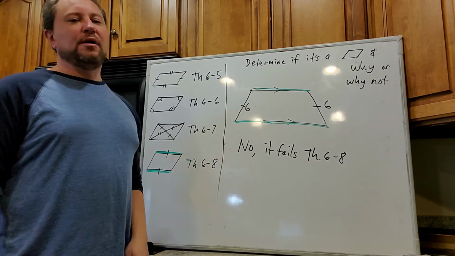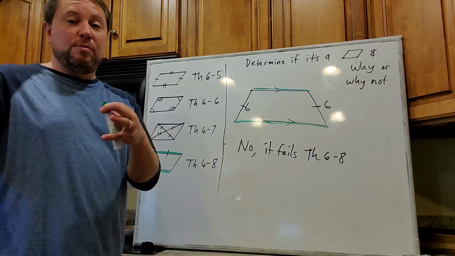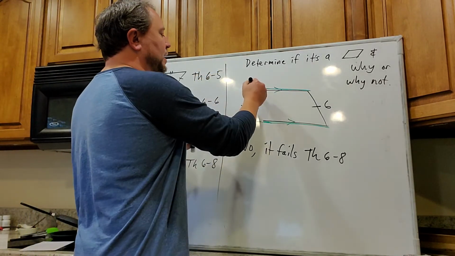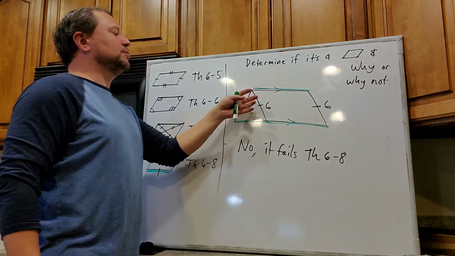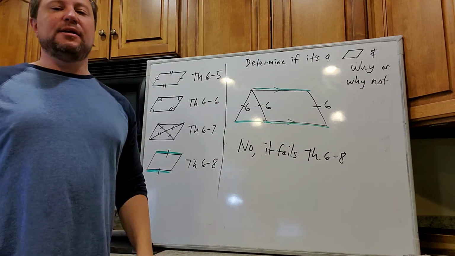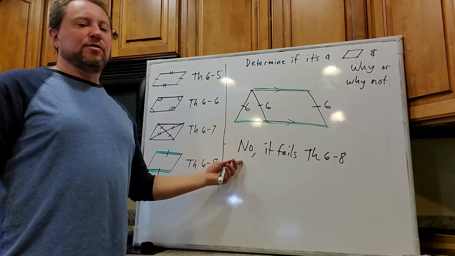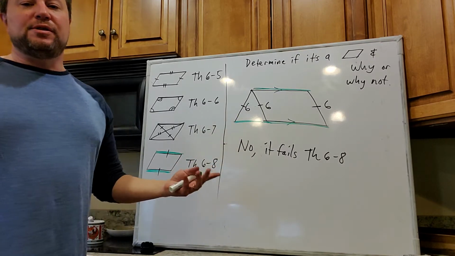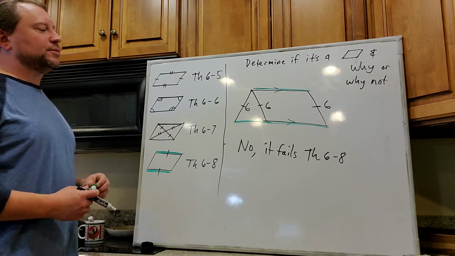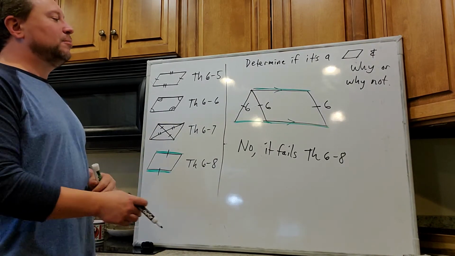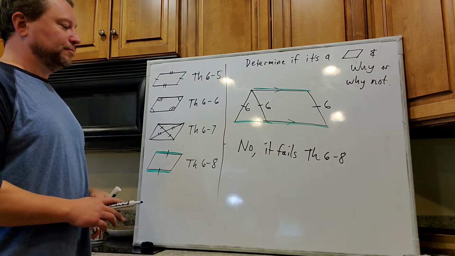But that's not a parallelogram then. So it could be. I mean, if you swing this inward like that, now it is a parallelogram. Okay, but if you swing it out like that, then it's not. See? So we can't say for certain whether it is or is not. So we have to say no, that it failed theorem 6.8, or the same pair of sides were not both parallel and congruent.